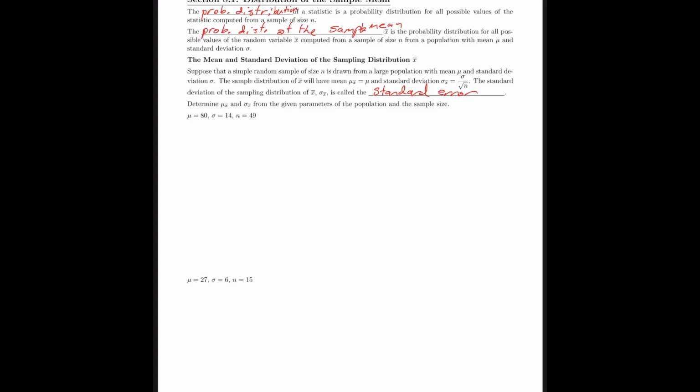So basically the idea here is that the larger your samples are, the closer this distribution gets to the mean, so the smaller your standard deviation gets. If you have a very large sample, the means of those samples are not going to deviate very much from the population mean.